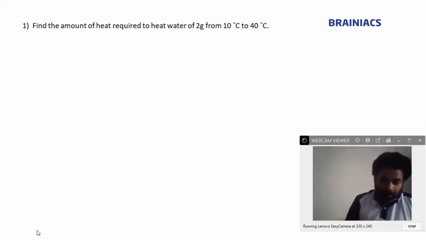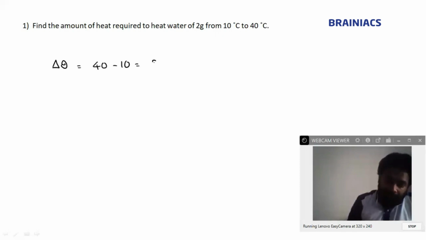Find the amount of heat required to heat water of 2 gram from 10 degrees Celsius to 40 degrees Celsius. Here delta theta is nothing but 40 minus 10, so 30 degrees Celsius is the change in temperature. Mass is given as 2 gram.